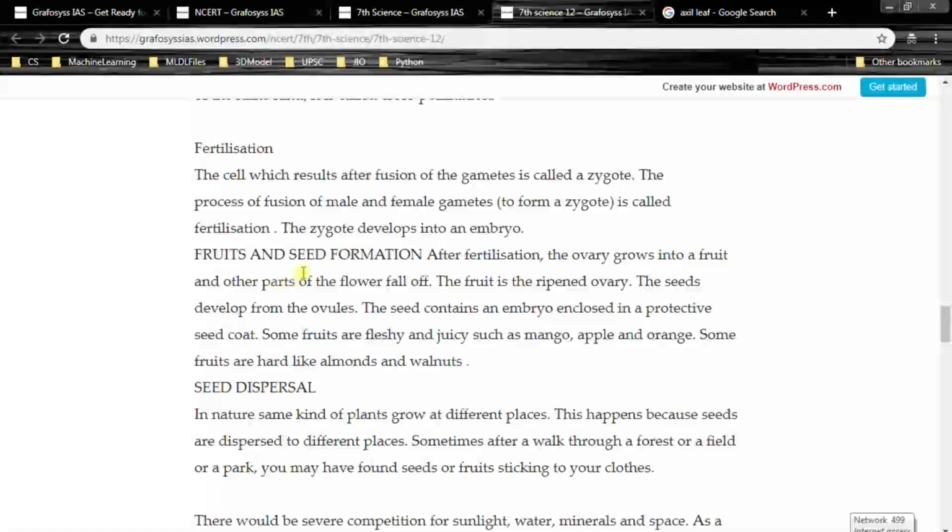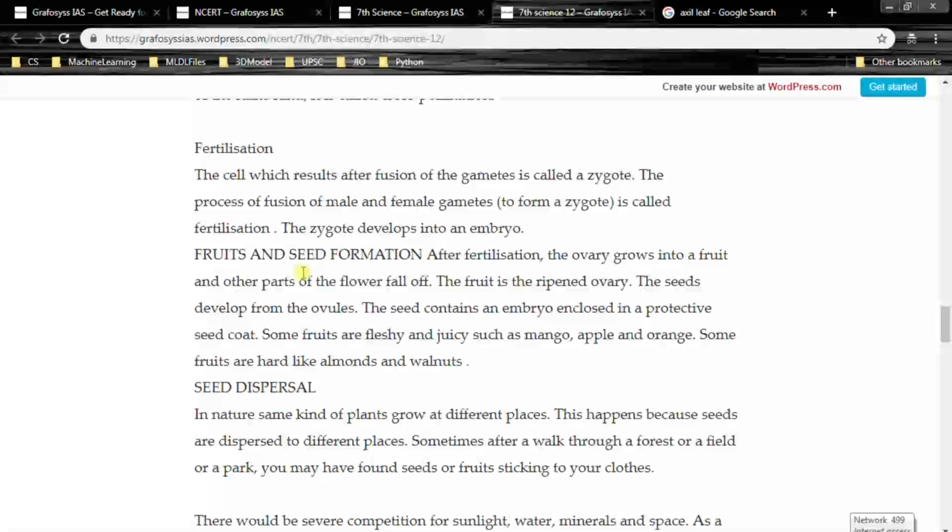Fruit and seed formation. After fertilization, the ovary grows into a fruit and other parts of the flower fall off. So after this process happens, the ovary grows into a fruit, right?